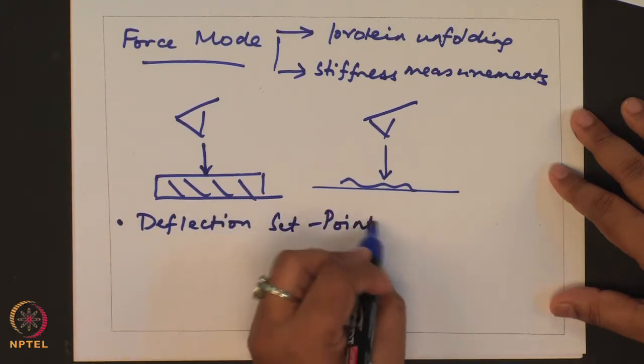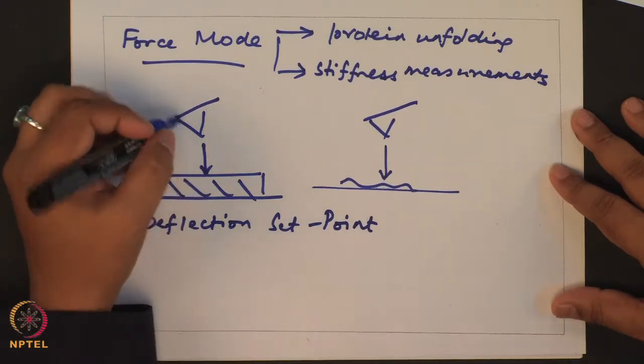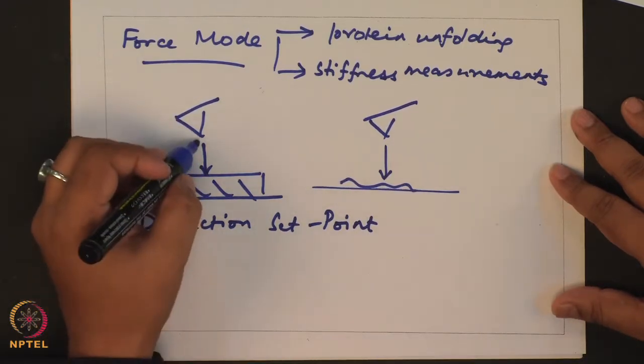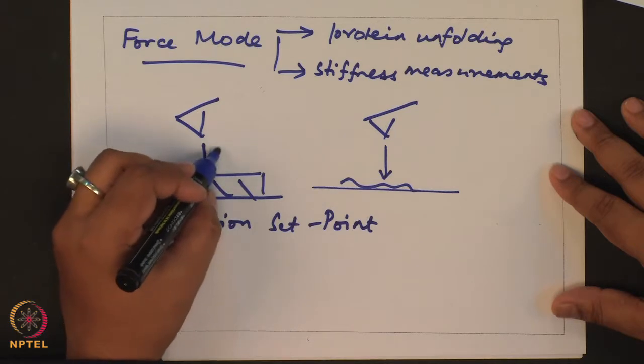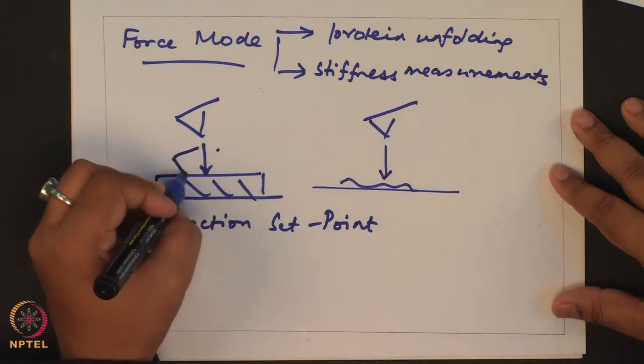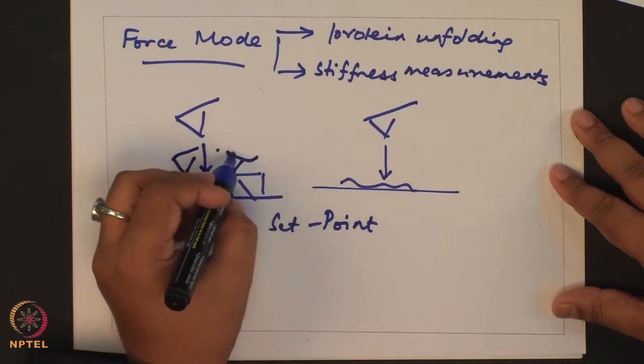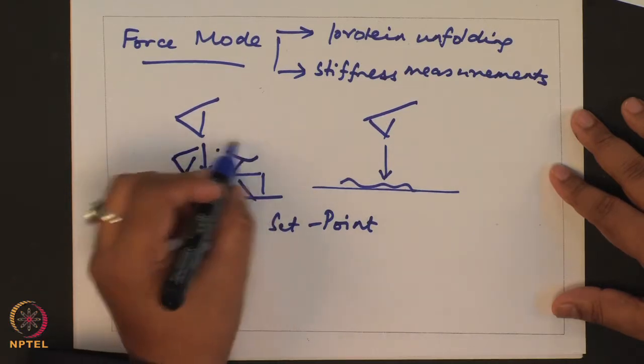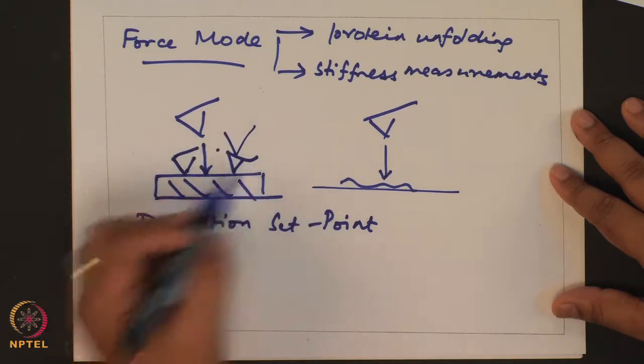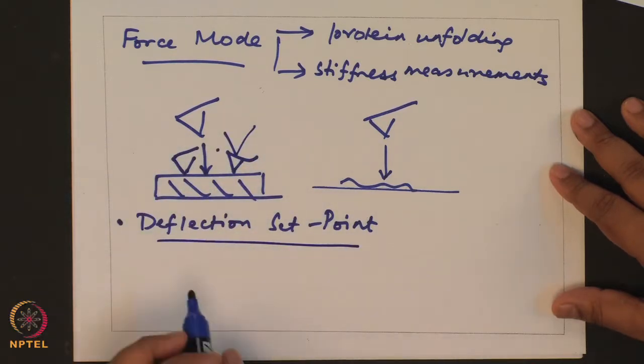The deflection set point is the maximum amount of deflection of the tip. As the tip is coming down, imagine once the tip hits the surface, if it tries to go down more and the sample is stiff, the tip will get deflected, and it is this deflection that you are tracking. So, you set a deflection set point.